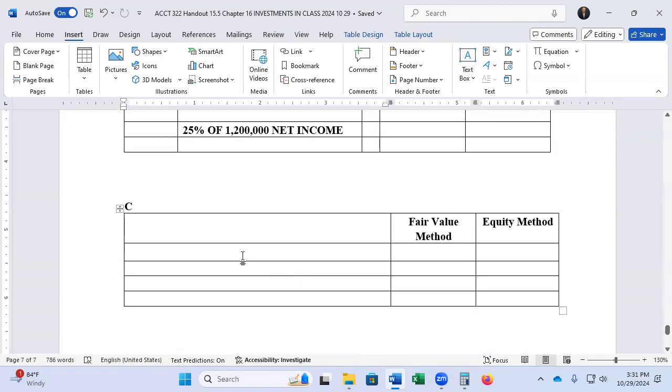So under the fair value method, you have the investment amount at 12/31/26. So we have 3,375,000. And under the equity method, 3,600,000.